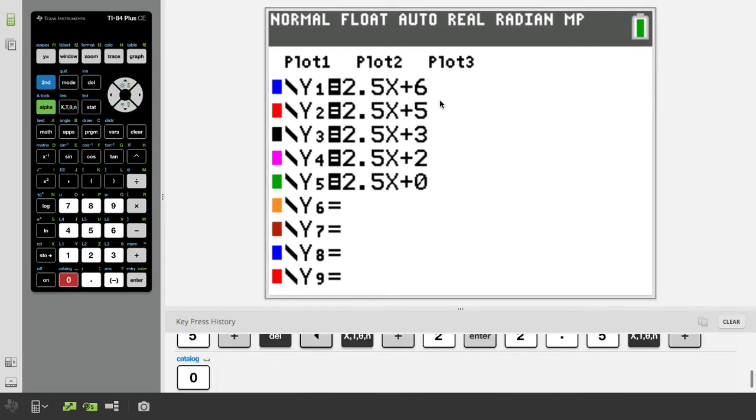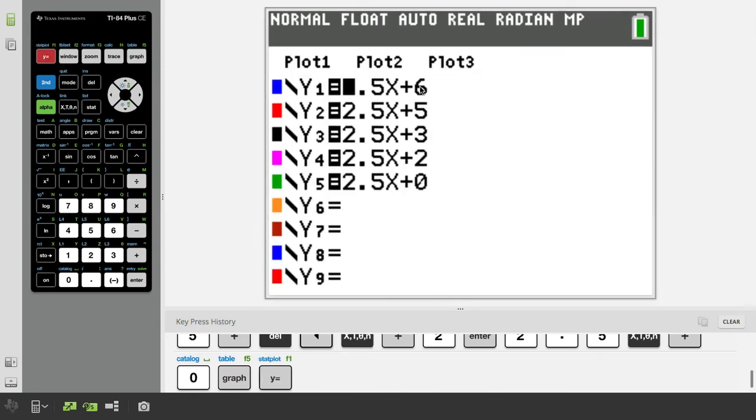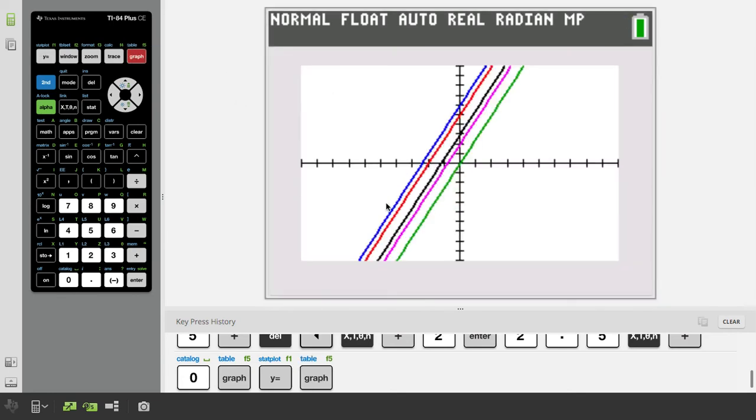Okay, so I got a couple of values in there. Let's go ahead and graph it. So here's my original line. Okay, and then my next line went down a little, down a little, down a little more, and down some more. So it looks like every time I change this and go down, it drags my line down. Because if you notice, these all look like they have the same slope.